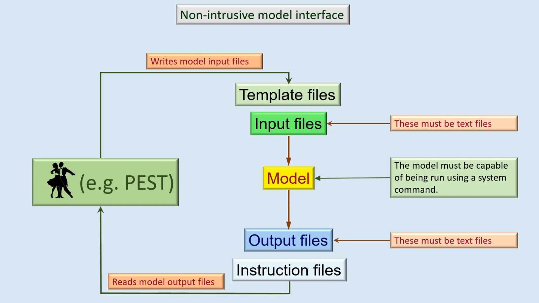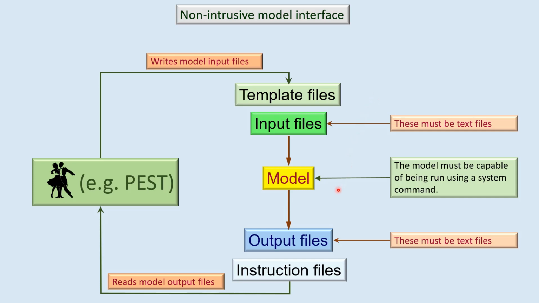So a user then prepares for each model input file a template of that input file. This identifies the places on the input file where model parameters are written. It can be as complicated as you like, and a model can use thousands of parameters. A template file informs PEST where it must write the values of parameters that the model must use on any particular model run.